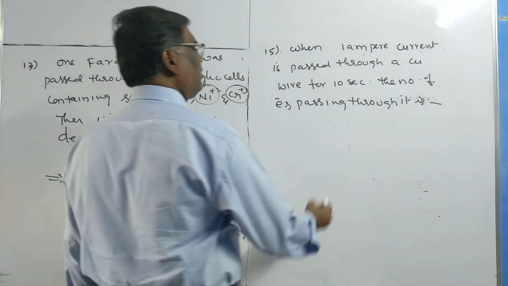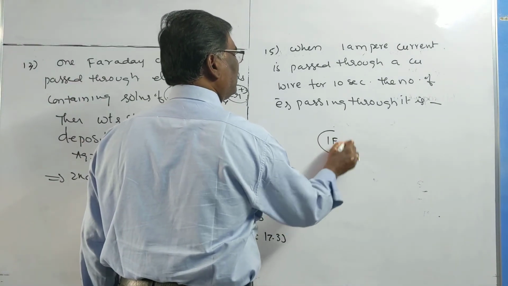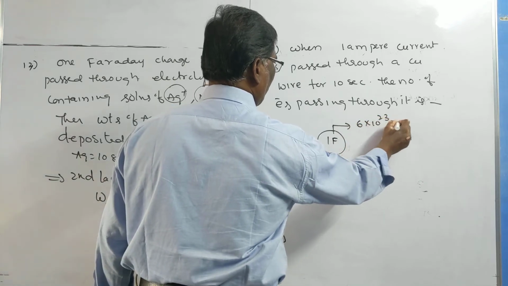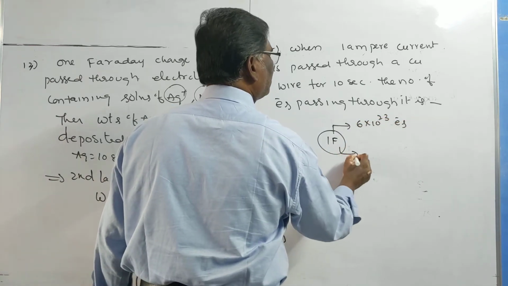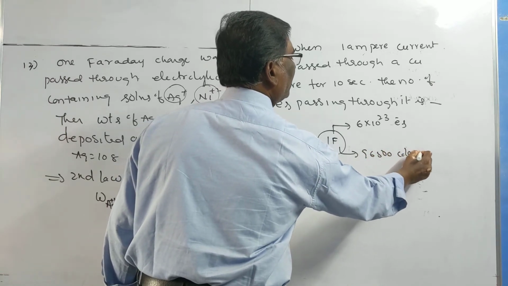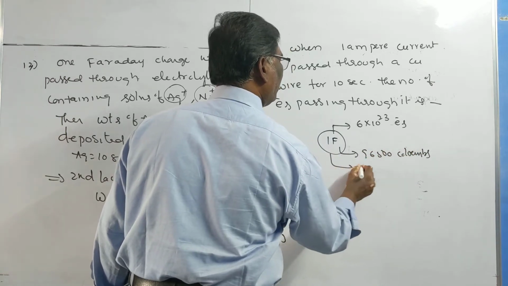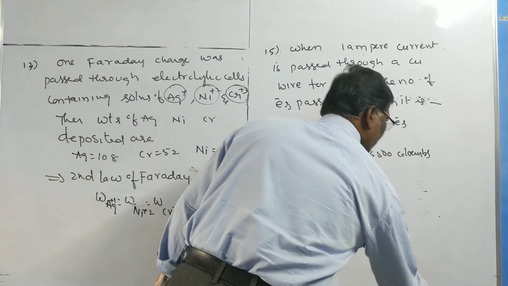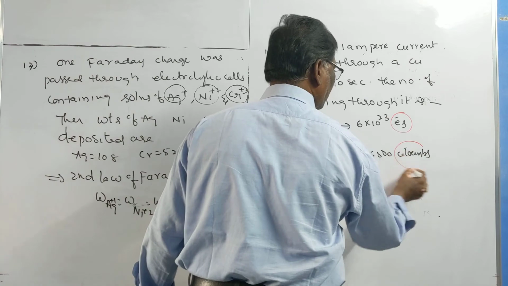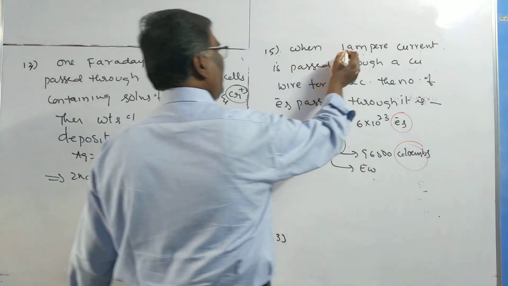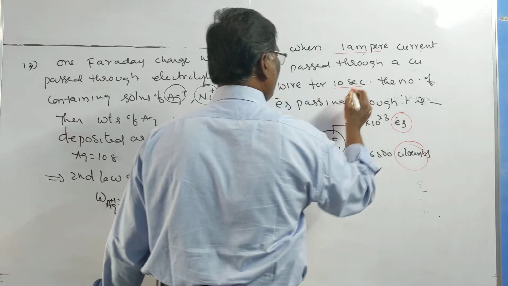Okay, now here we take 1 Faraday. Electrons are 6 into 10 power 23 electrons. Charge is 96500 coulombs. Now it deposits 1 equivalent weight. Now the relation is between electrons and charge here. So what is the charge we have? 1 ampere into 10 seconds.